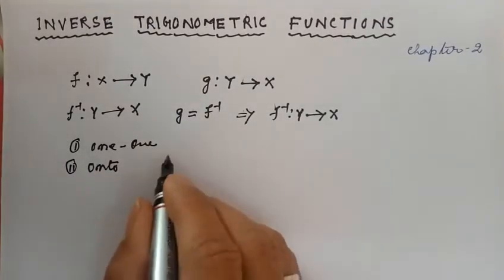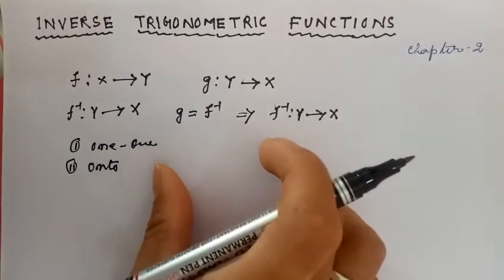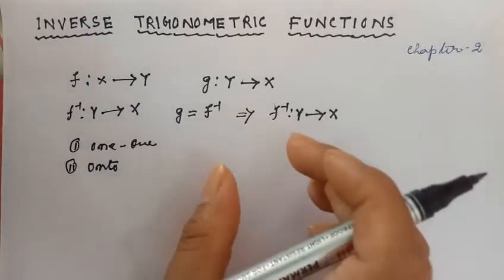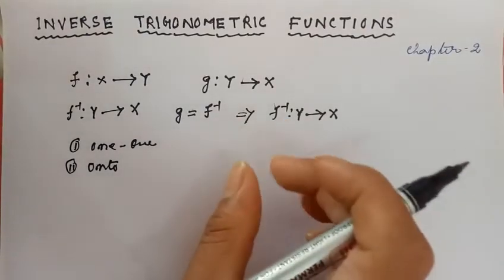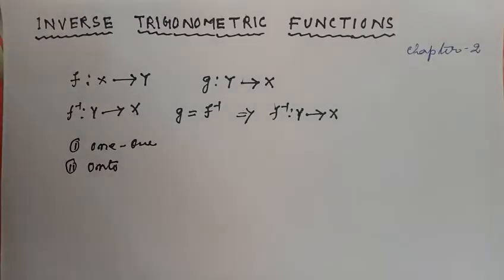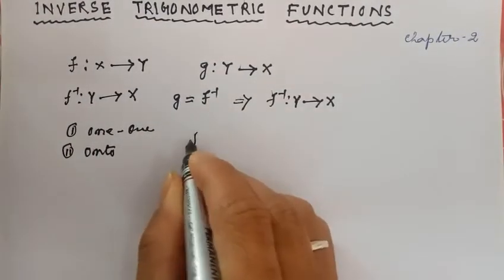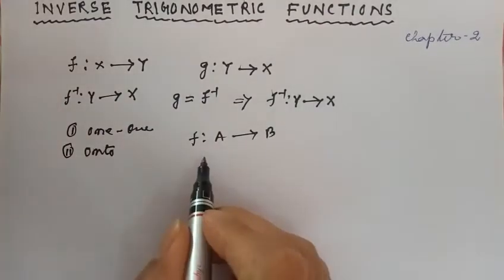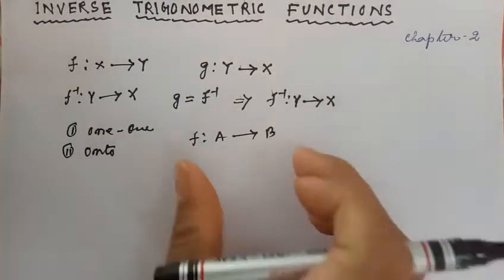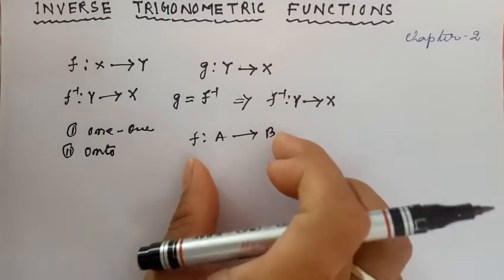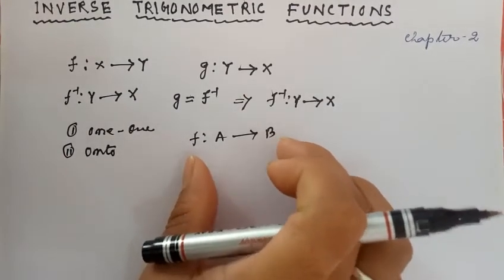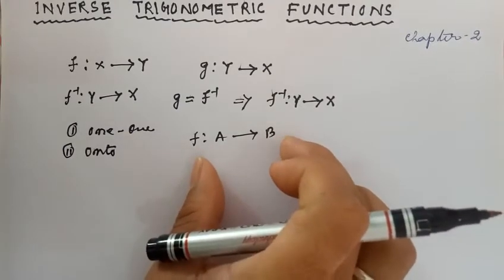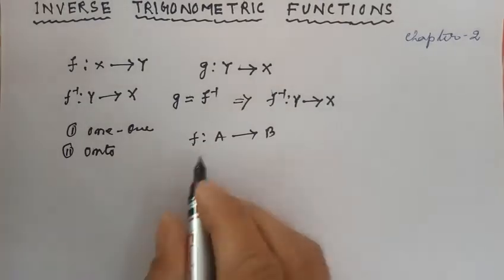What I am saying is, the inverse of a function is only possible when the function is one-one and onto both. That means bijective functions. So suppose a function f from a to b. Inverse of this function is only possible when it is a bijective function, that means one-one and onto both.